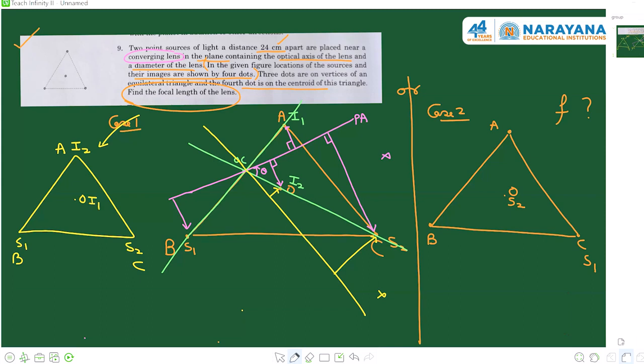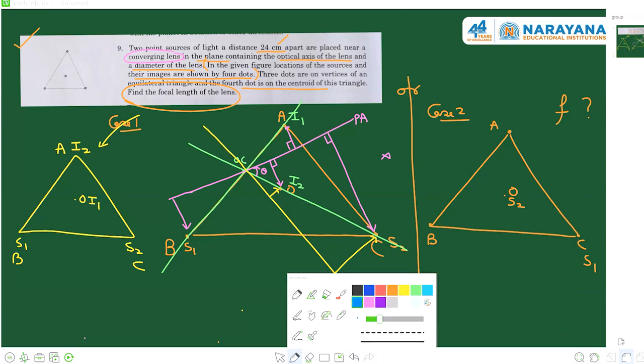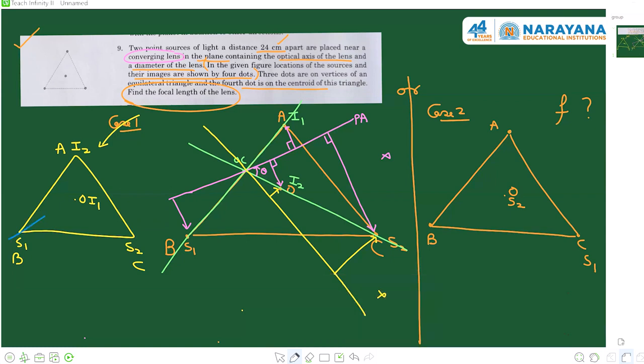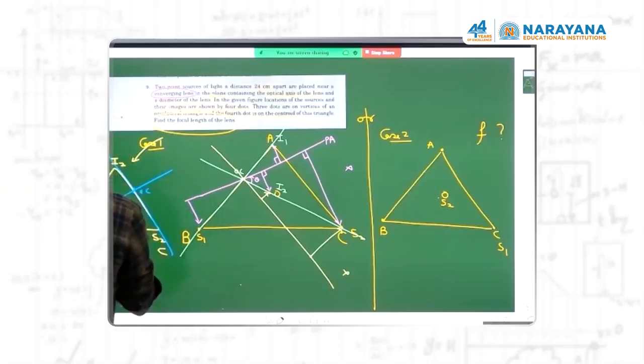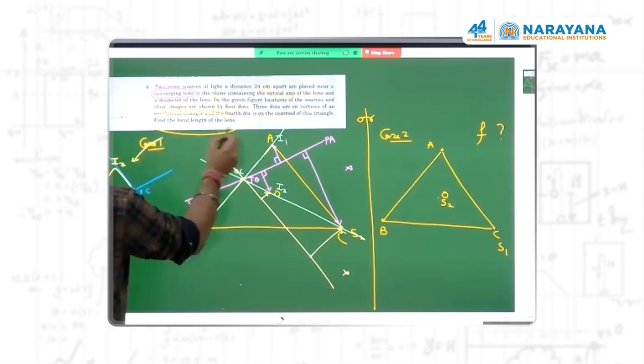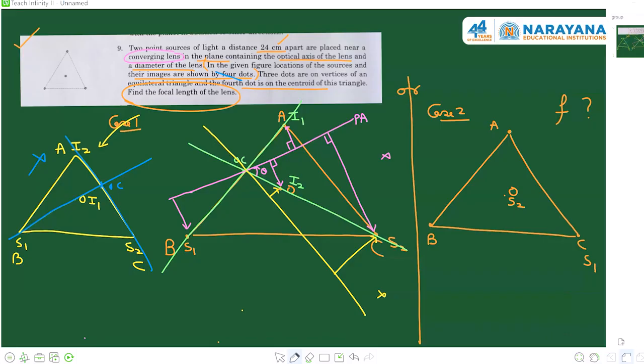Now you understand the same philosophy holds again, because if I connect S1, I1 and S2, I2, I will have my optical center here. And for S1, I1 only, I1 cannot be nearer if it is on the same side. There is a contradiction. So that tells me that case 1 is not possible. Whatever he has said is only possible in case 2.